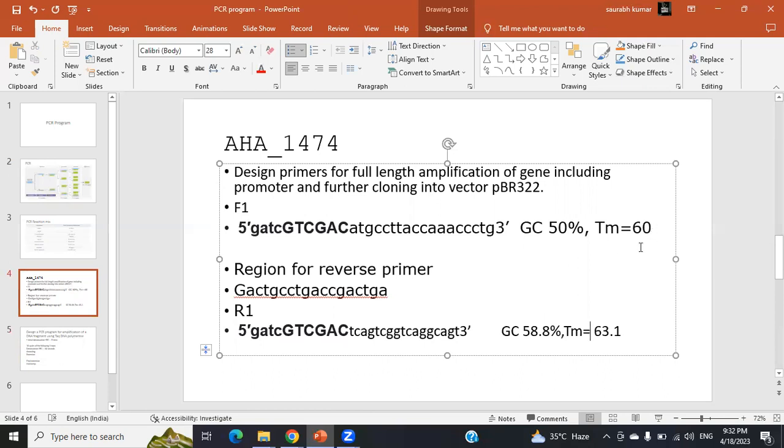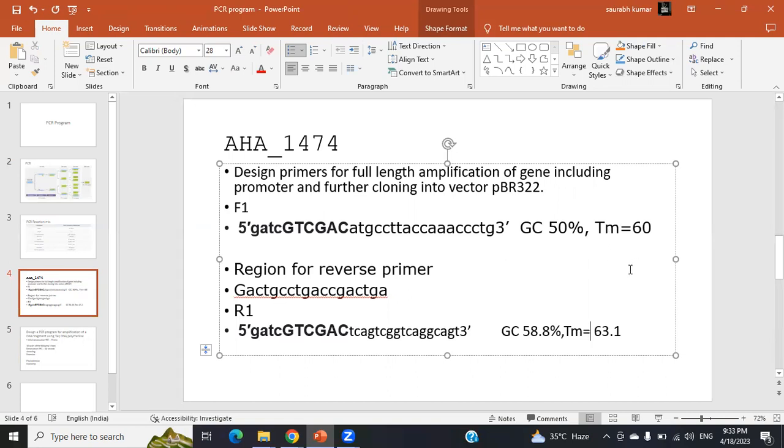So sometimes, for example, if my TM value is 59 degrees, then I need to set up my annealing temperature at 54 degrees. However, I don't want to have the TM of the primer as low; I try to keep it above 60. If the TM value is around maybe 55, then I'll have to keep my annealing further lower, around 50, and at that annealing temperature PCR may not work that well.